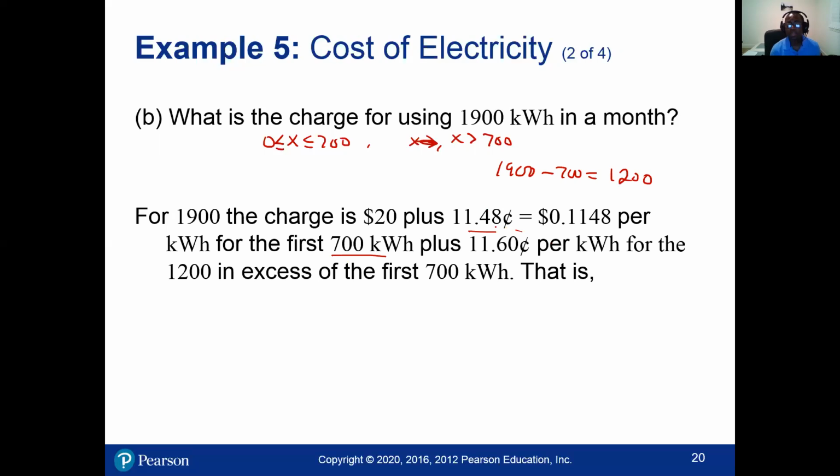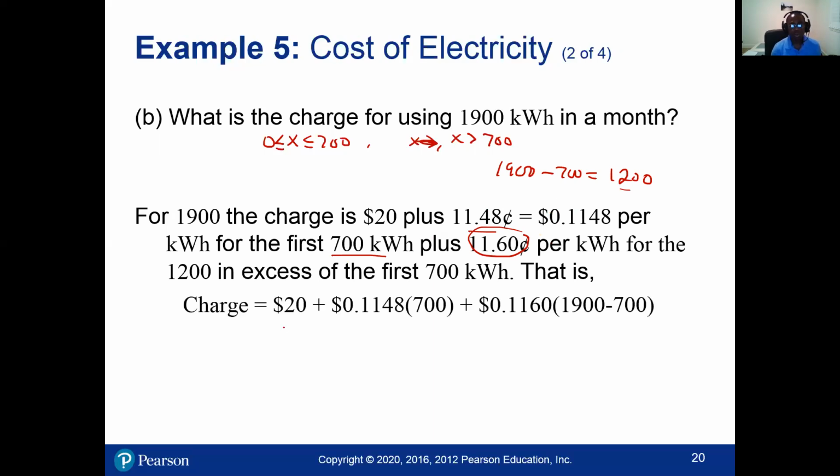So they multiply that 1,200 by the higher rate and charge you.